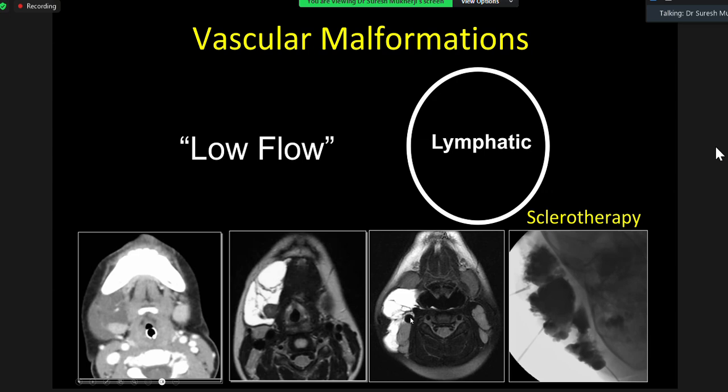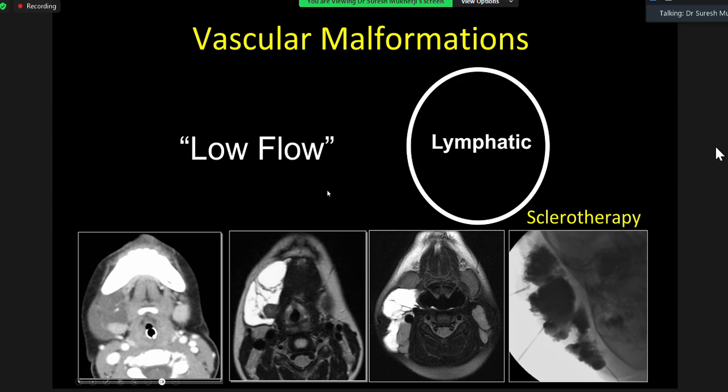So part of what we do in radiology is not only come up with the correct diagnosis, but we play an incredibly important role in triage. Because sometimes, despite experienced clinicians, they may not be sure how to classify these. So our role is to say that it's a lymphatic malformation. There are multiple cysts, so it's macrocystic. There are no flow voids.